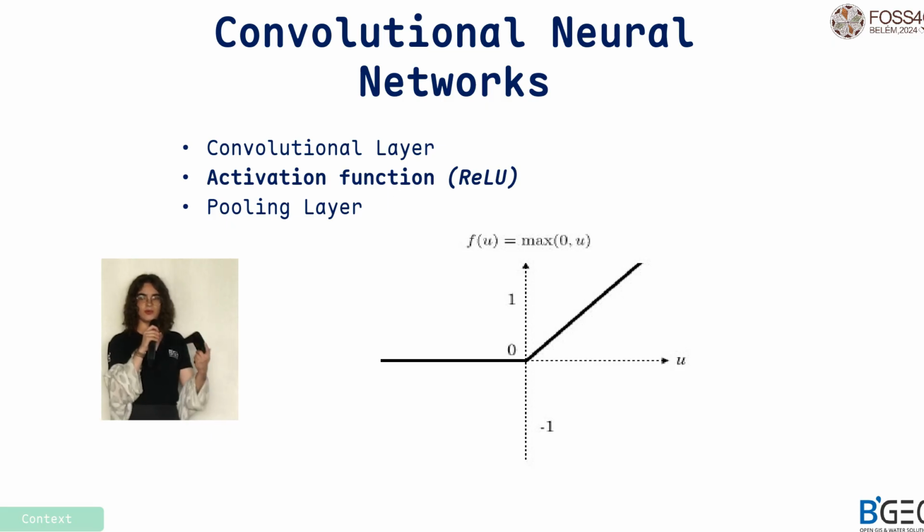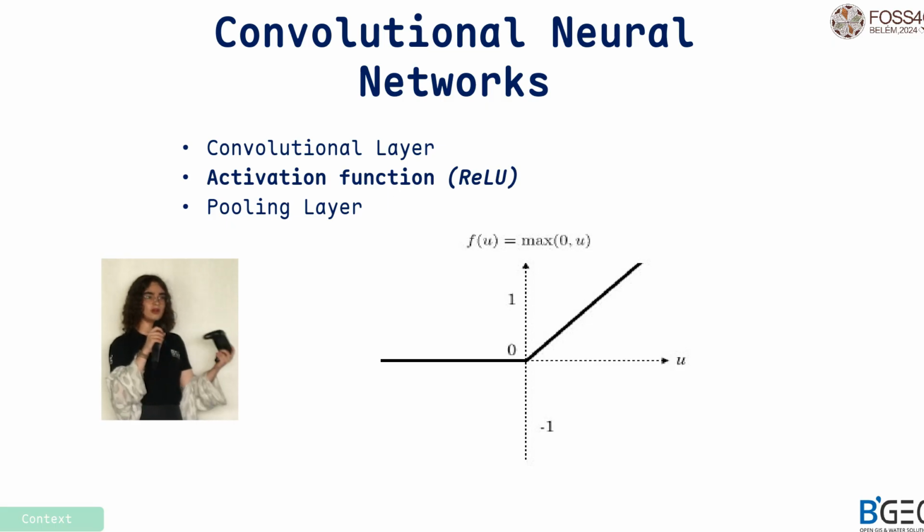So you end up with no complexity at all and no ability to learn anything. That's why you need to add an activation function. In this case, we used ReLU, the rectified linear unit, which basically takes the positive numbers and leaves them as they are, and flattens the negative numbers, keeping them at 0.